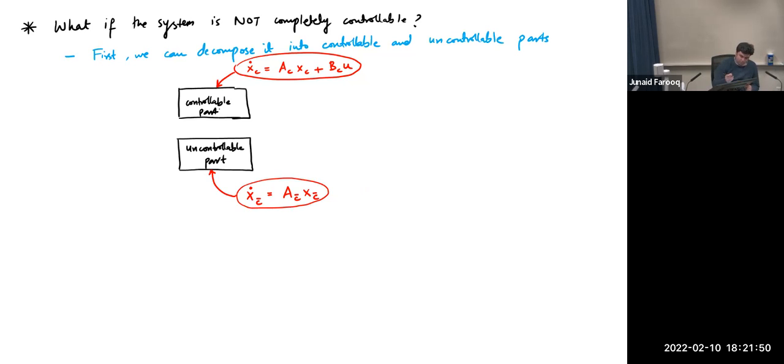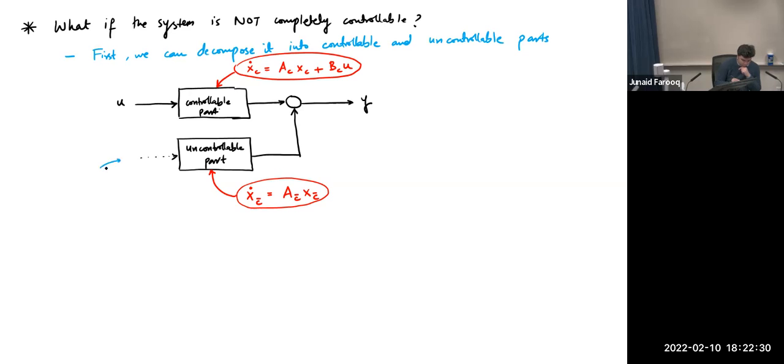Okay, so we had these two systems. One has an input U, the other has no input, right? And then the outputs can actually be combined here to give you the final output Y, right? So our original system, you can actually write it as a decomposed form where one of the subsystems is being affected by the input.